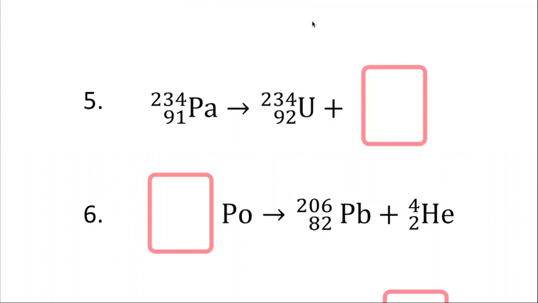So what is the missing number? 0. Okay, so that means it will release a beta particle, or electron. So e 0 negative 1.